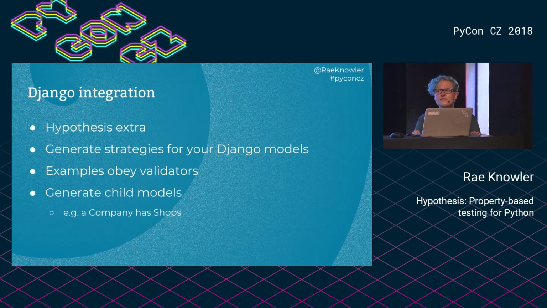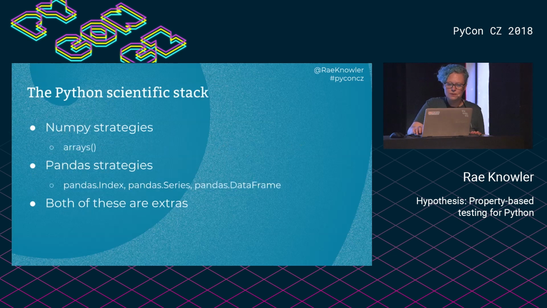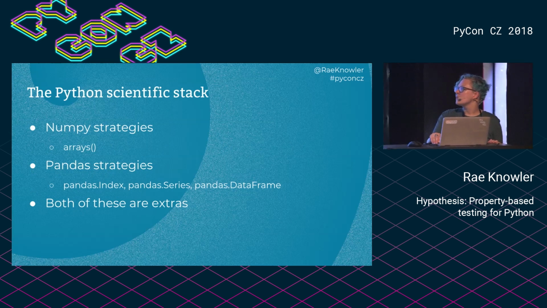So I actually could have said, this is a portfolio, and the portfolio has child subscription models, and yeah, it would have come up with that in the same way. There's a bunch of other extras, including some for time zone aware date times, and some other things.